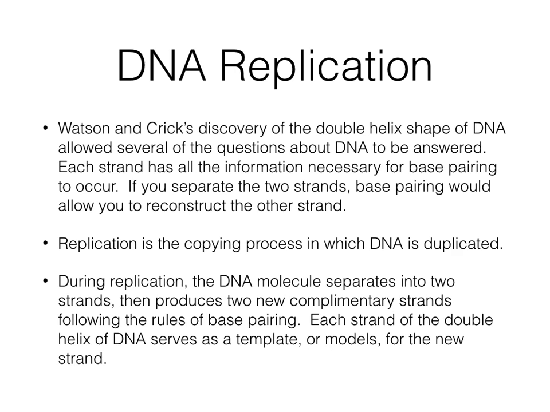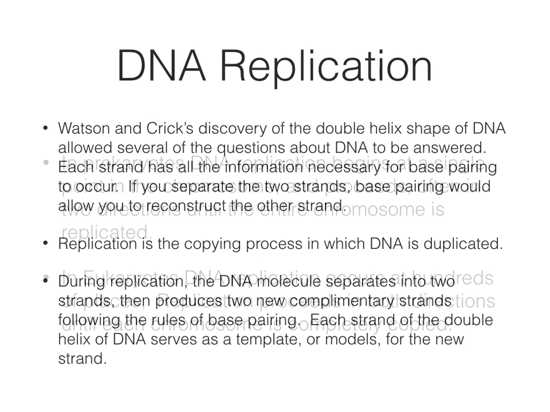During replication, the DNA molecule separates into two strands and then produces two new complementary strands following the rules of base pairing. Each strand of the double helix of DNA serves as a template or model for the new strand. Right? So basically you just unzip it and then you add new bases in as you go along.